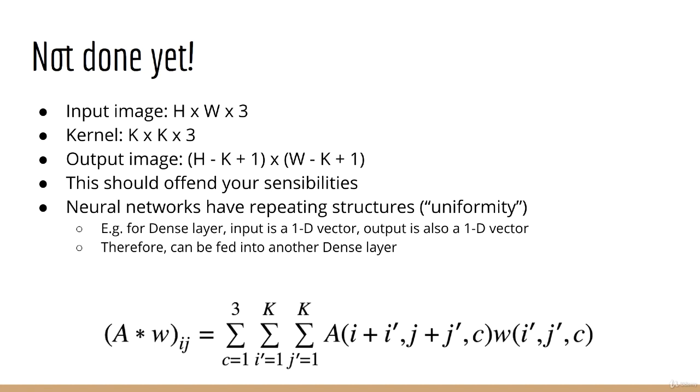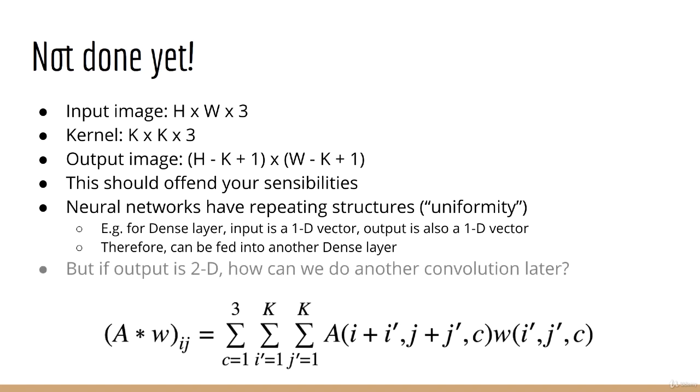The input is a vector and the output is also a vector, which can then be the input into the next layer. But for convolution, so far this doesn't seem to work. If the input is three-dimensional, but the output is only two-dimensional, then we do not have this uniformity. We can't plug in the same kind of convolution right after the first one, since the input is not the same as the output.